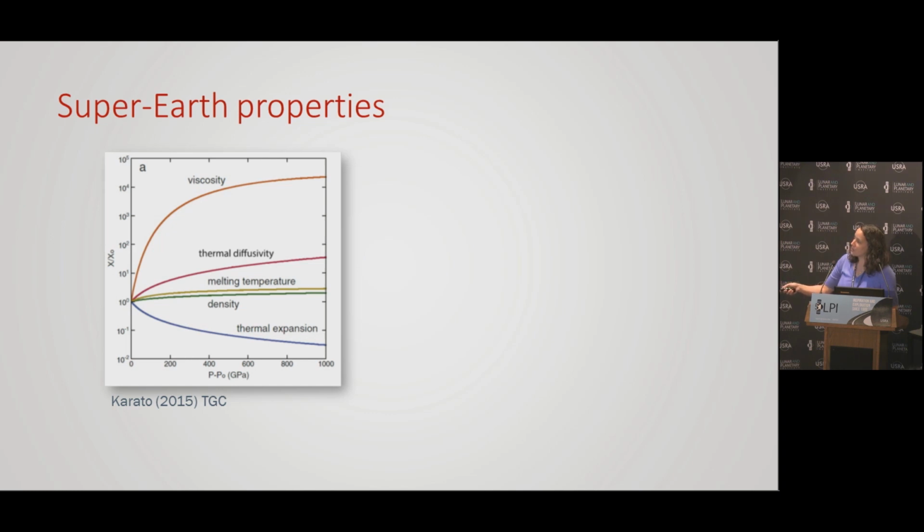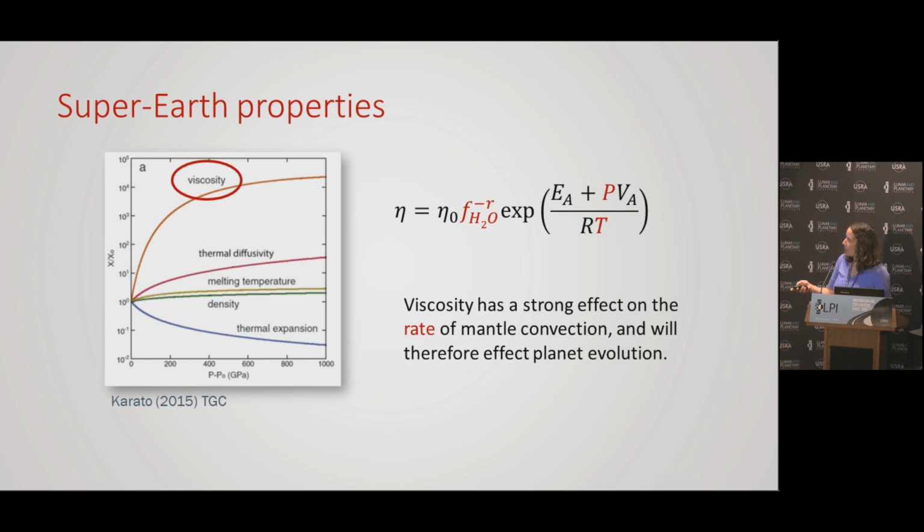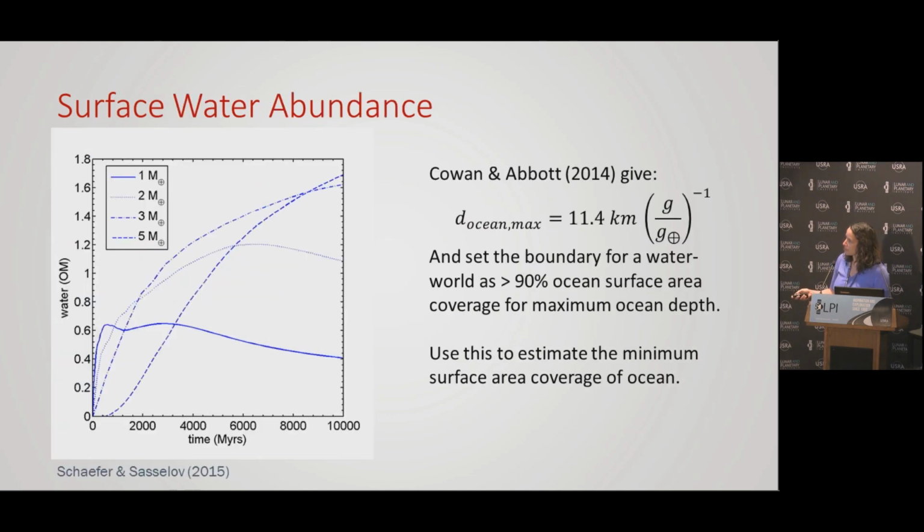While thermal expansion and diffusivity are reasonably significant functions of pressure, viscosity is by far the largest function of pressure. And so we looked at the effect that the pressure dependence of viscosity would have, and included also this water dependence of viscosity. And then we looked at how this water cycle would operate on planets of various sizes.